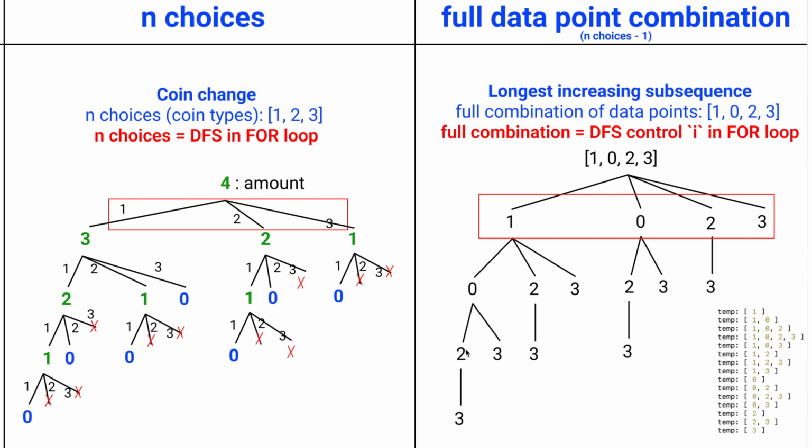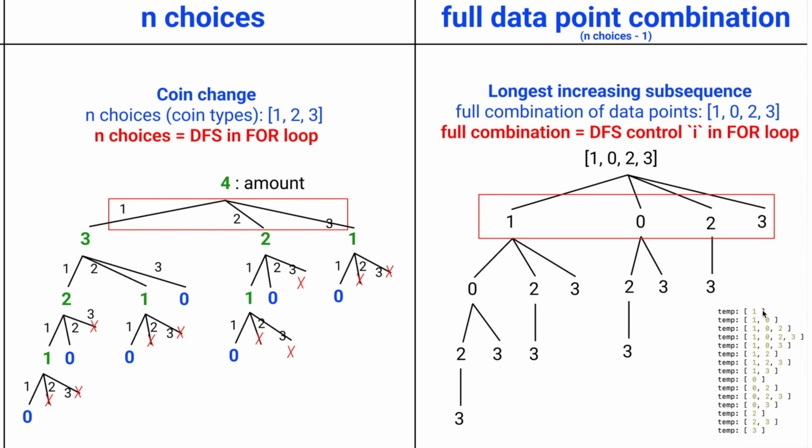And with that pattern, if we have 2, we need the combination with the rest of the data points, which is 3 that we have here. And it's going to be the same for all the rest of the tree. So if we run this tree and print out the path of the recursion, we can see that we have the combination of 1, which is here, with 0, with 2, and with 3 in all possible ways.